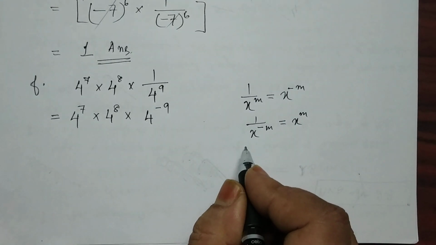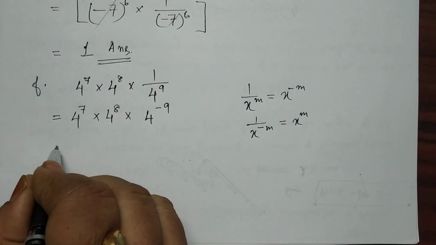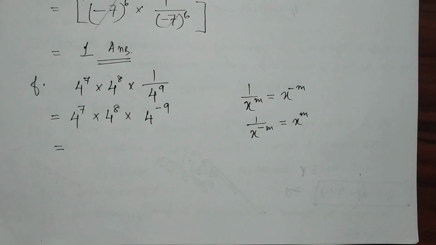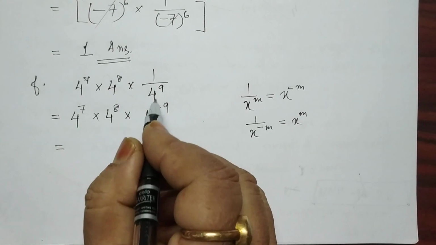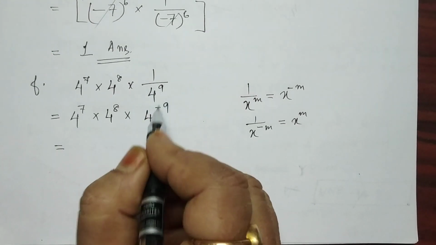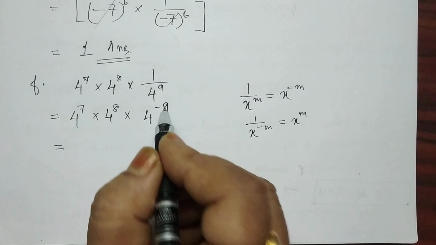These two properties you can remember. Now here in place of 1 by 4^9, we can write 4^(-9).